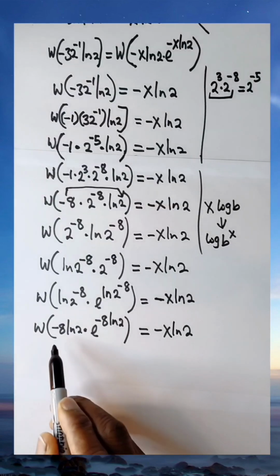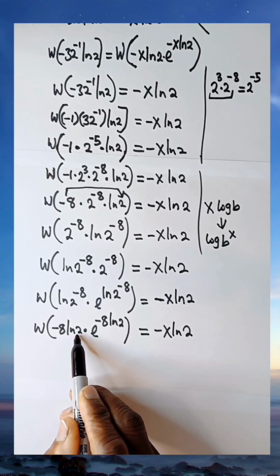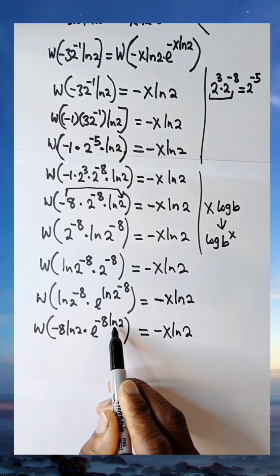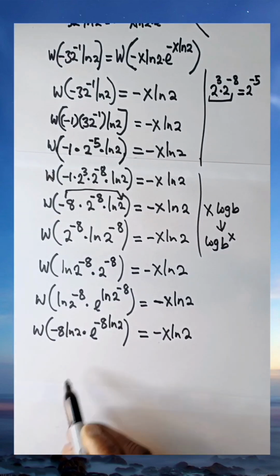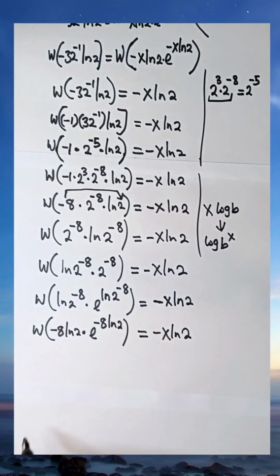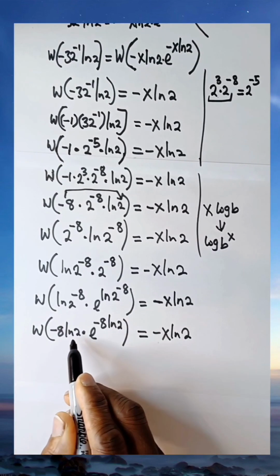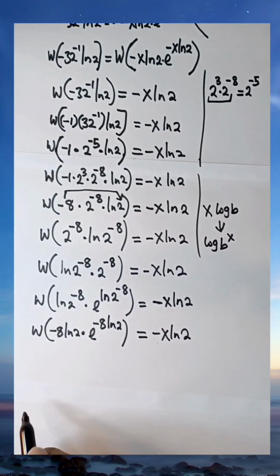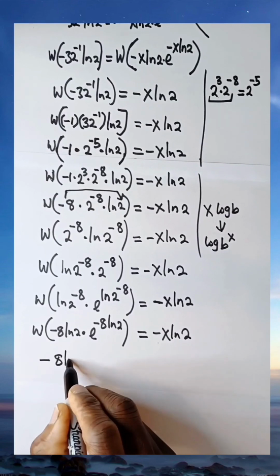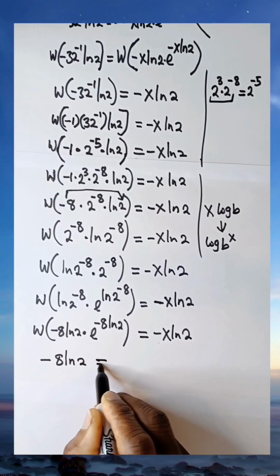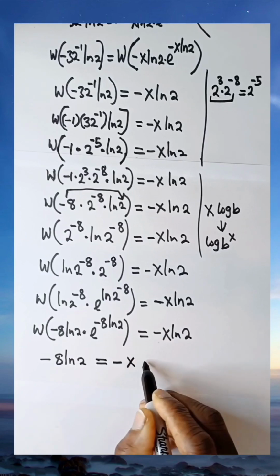You will notice that what we have here in the base is exactly what we have in the exponent. If we apply the Lambert W, it means that the whole of this expression on the left hand side is just equal to minus 8 times the natural log of 2. Okay, so we will now have minus 8 times the natural log of 2 is equal to minus x times the natural log of 2.